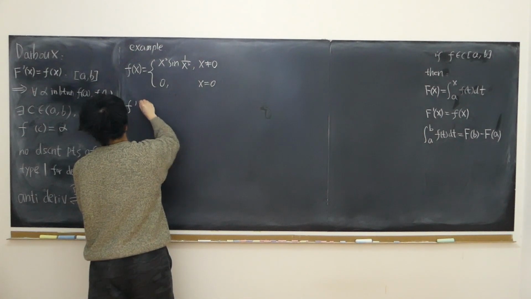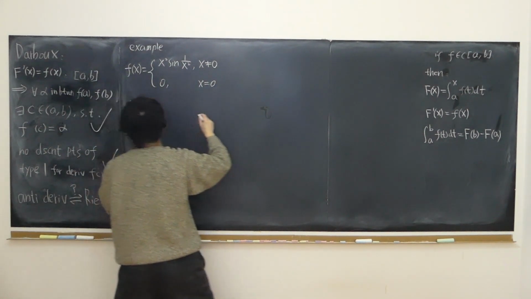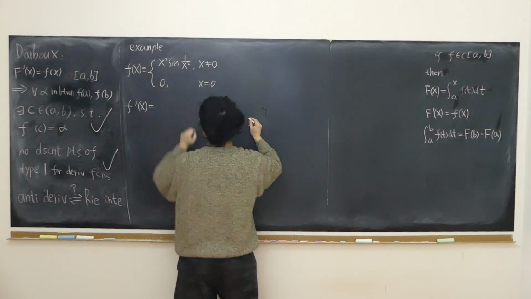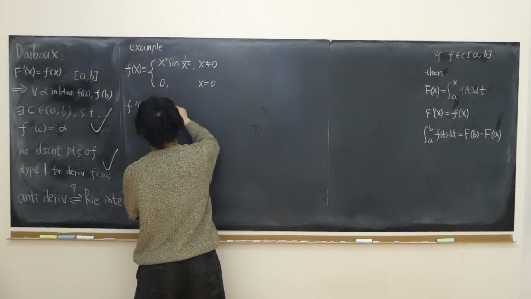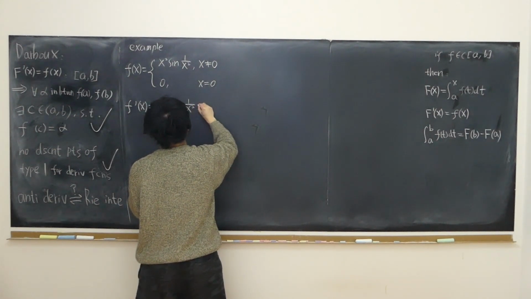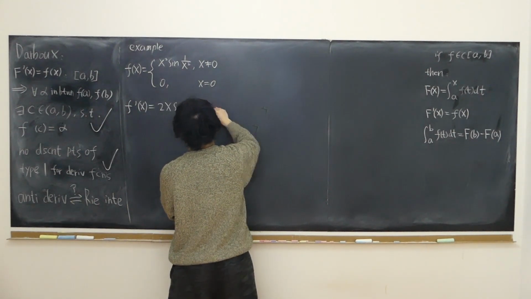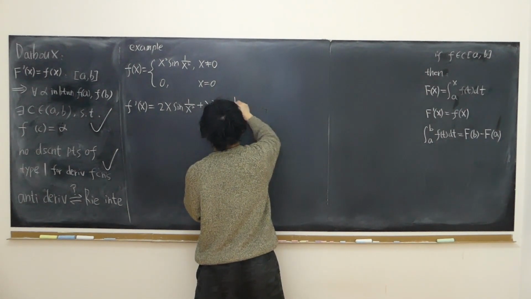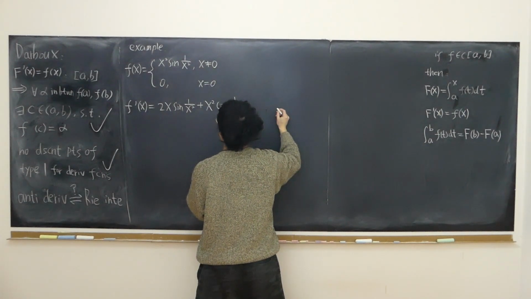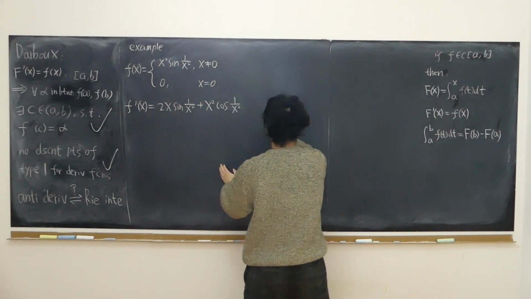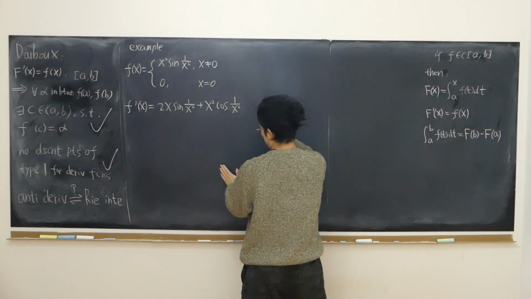f dash of x, when x is not equal to 0, we can easily differentiate this expression. That is 2x times sine of 1 over x squared plus x squared times cosine of 1 over x squared. We have to use the chain rule and differentiate the inside function, 1 over x squared, that is x to the power of negative 2.